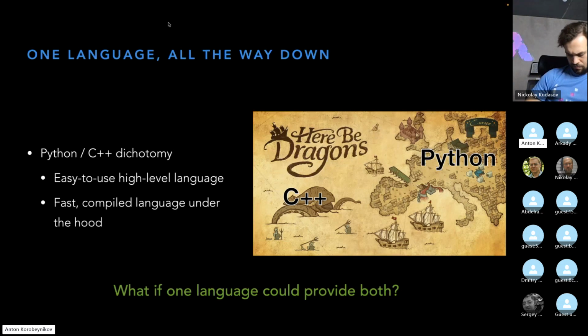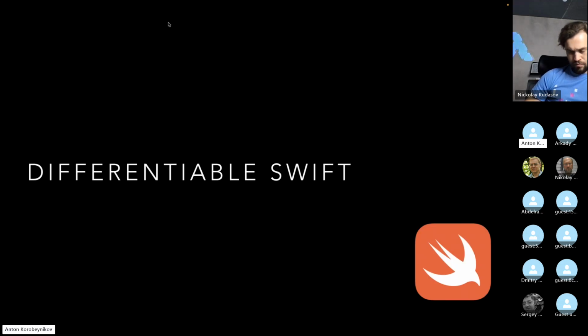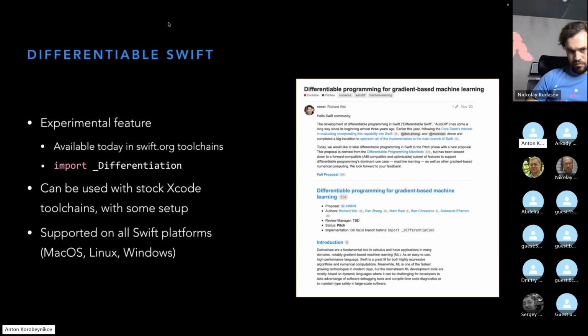The question is, what if one language could provide both? First, being an easy-to-use high-level language with many important high-level constructs, and also being fast, ahead-of-time compiled. Let me introduce Differentiable Swift. Recently we contributed quite a lot to that particular feature of the language.